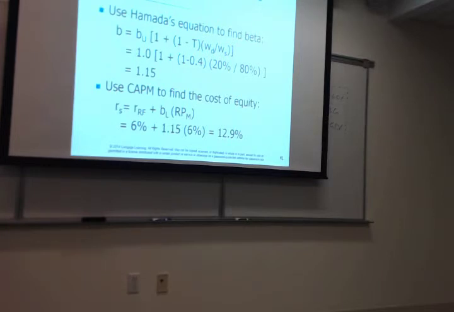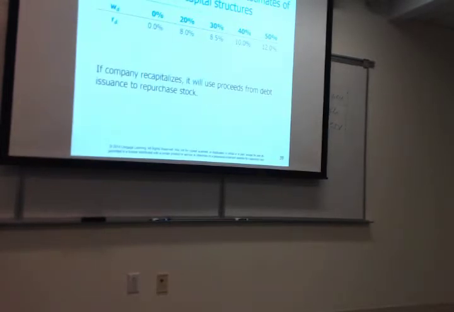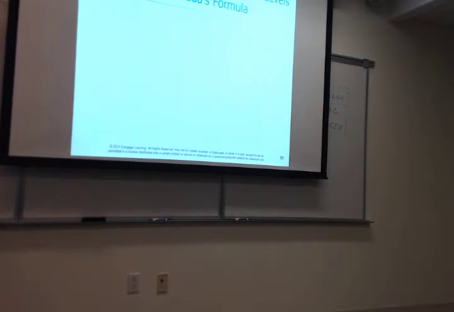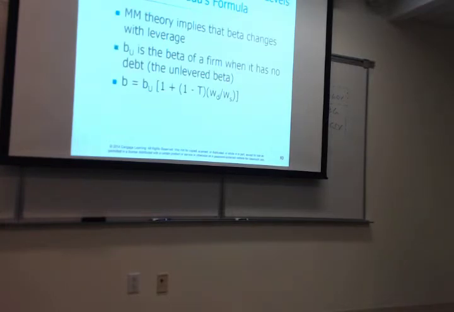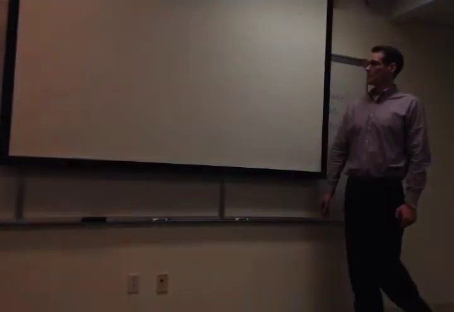So since we've taken on 20% debt, we used to have a 12% cost of equity, now we have a 12.9% cost of equity. We used to not pay for debt, we used to have 0, but now we've got 8% debt, and we're going to have to increase our cost of equity to 12.9%.